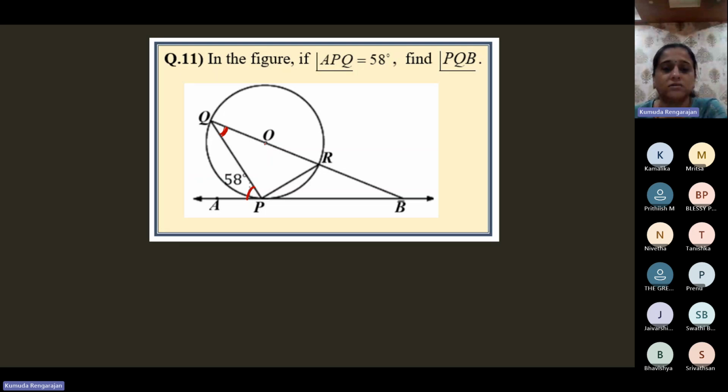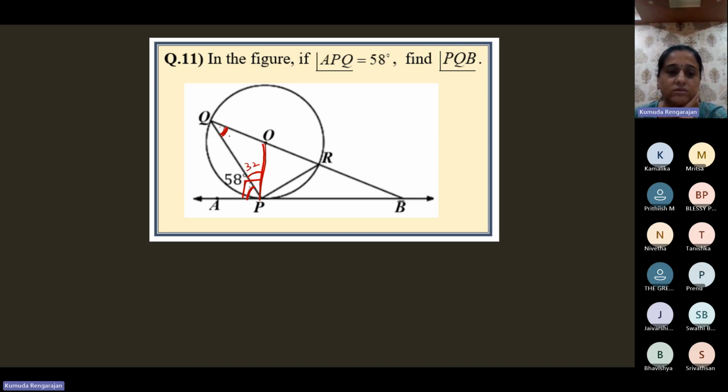Yeah. So join OP. Always join OP. So now tell me, this is 90, right? So how much is this angle? 90 minus 58, 32.